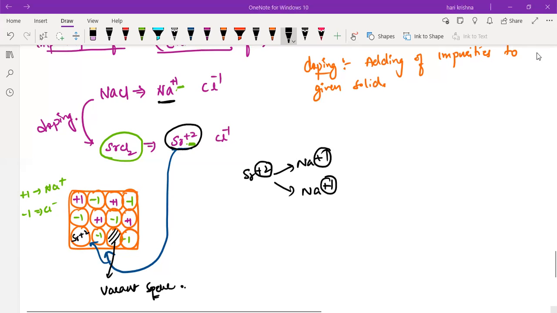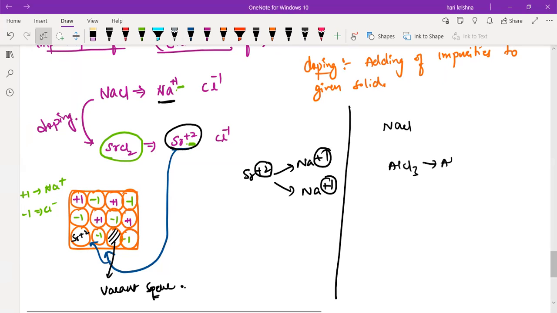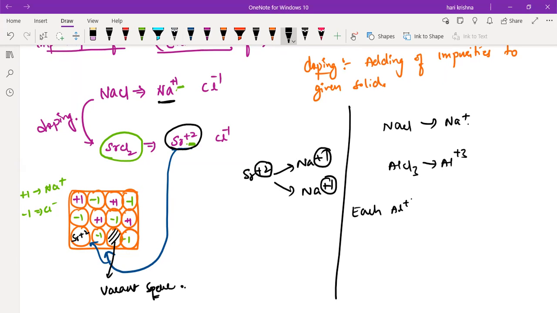Now you tell me, suppose you have taken the same NaCl crystal and doping with the AlCl3. Now tell me, each Al ion will occupy how many Na plus ions in the crystal? 3, sir. 3. But how many vacant spaces will be created? 3 spaces.